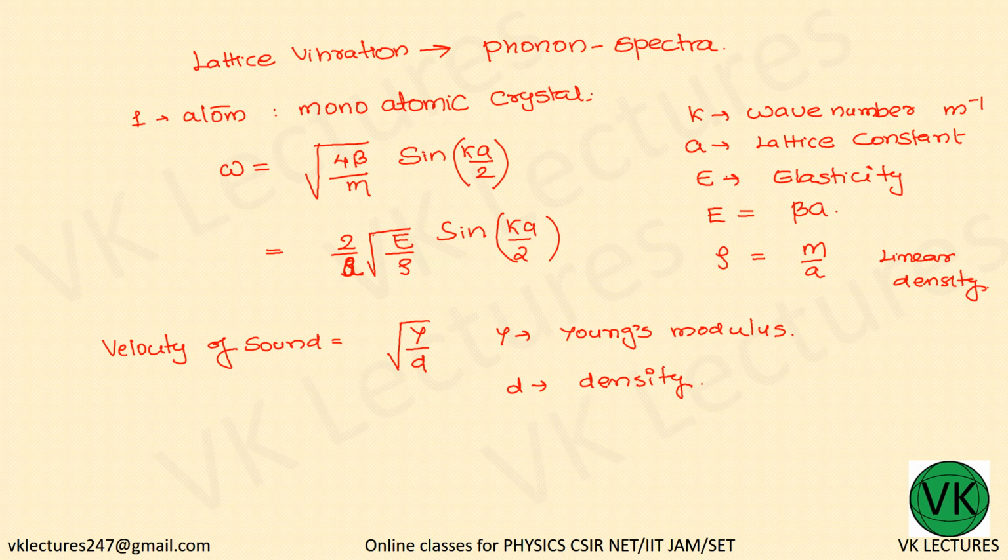Then substituting these values, we will get the omega value as 2 by a into Vs, where Vs represents the velocity of sound in solid, into sine Ka by 2.